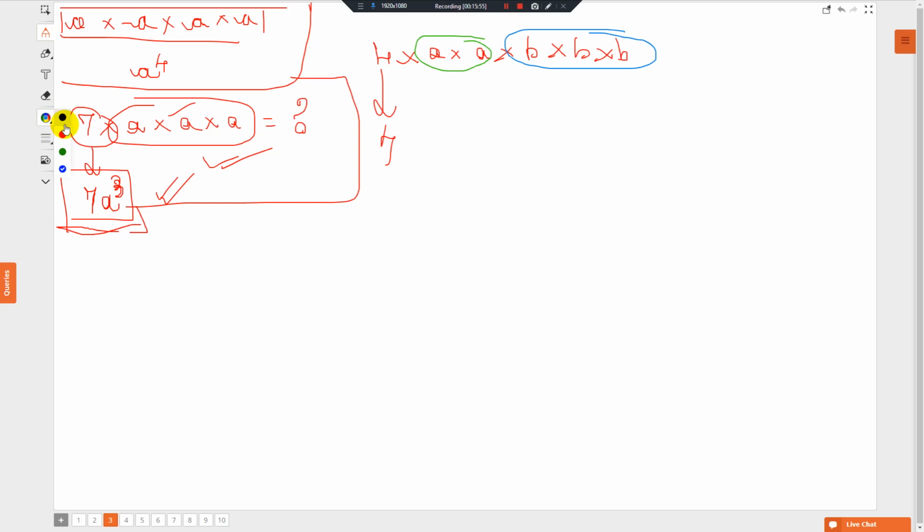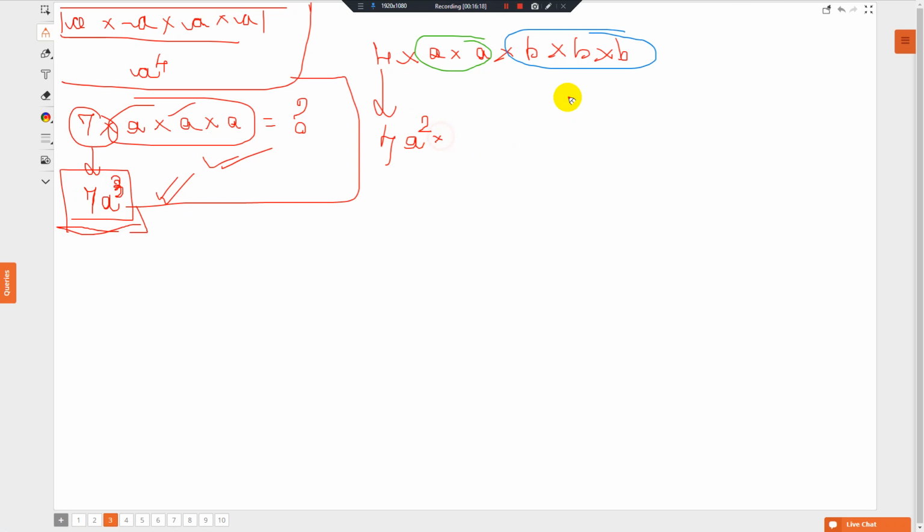See, I have grouped them: an a group and a b group. In the a group, which letter is used? a. How many times? Two times, so a squared.